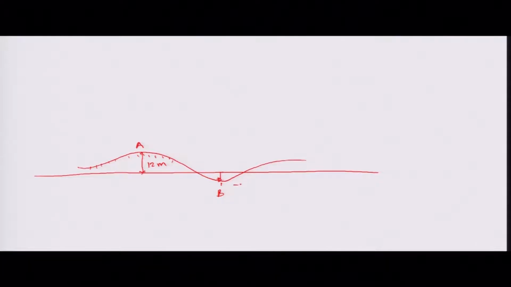You can say minus 10 meter, because we are considering this line as our datum surface, or datum plane. From this 0 line, this is below the datum surface, and this point A is above the datum surface.